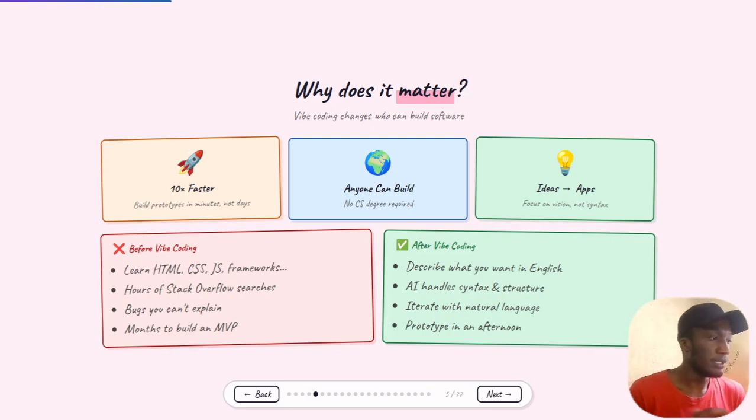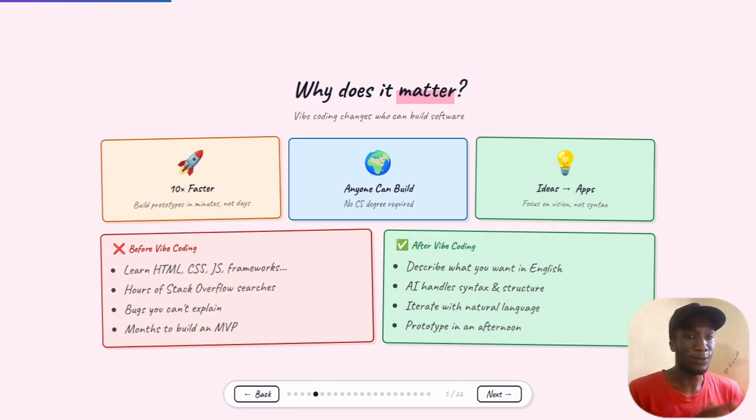Before vibe coding, people had to learn about HTML, CSS, JS, and frameworks like Next.js and React. But now you don't need to write that. You just describe what you want in English, and then you get what you wanted in your mind. How about Stack Overflow searches?